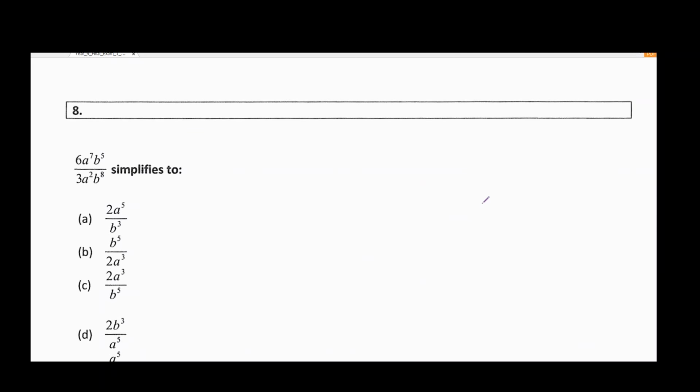Number 8. This simplifies to, so we've got 6 divided by 3. 6 over 3, that's 2. Then a to the 7 divided by a squared. So we've got a to the m over a to the n equals a to the m take n.